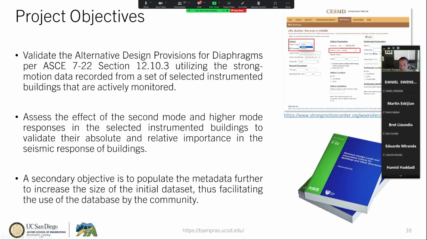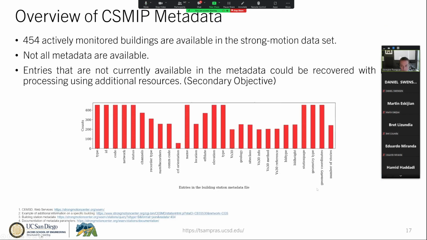Now, our main objective, as I said, is to validate these alternative provisions that we just discussed using the data available to us through the CSMIP program, and also assess the effect of higher mode responses that we explained. As a secondary objective, we want to populate the additional metadata required to carry all the computations related to our design calculations.